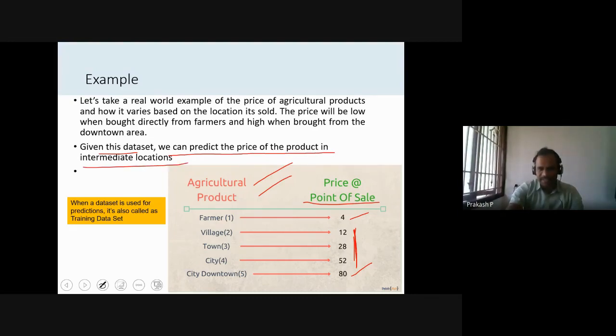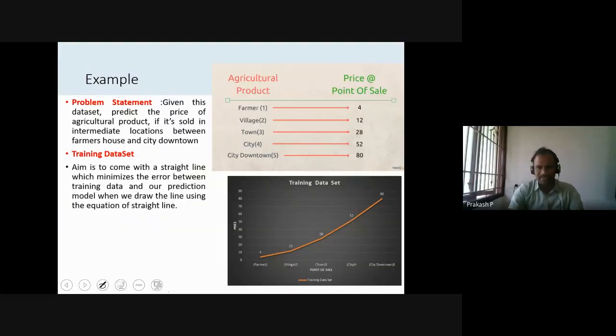For example, in between there may be some location, what should the price be? After the city, if it goes to some other distant location or another country, what is the price at the point of sale? When a data set is used for prediction, it is also called train and test data. I will come to what train and test data is. You see, at the farmer's place 1, we are selling at a price of 4, then 12, 28, 52, 80.